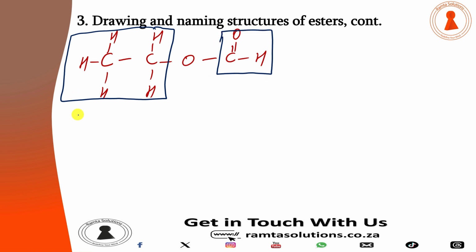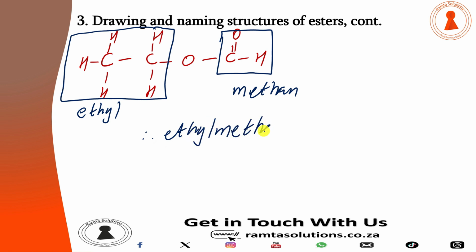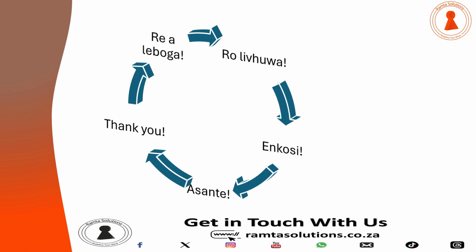This was your 2 carbons, so it was ethanol, so we will call it ethyl, and this is 1 carbon, and we will call it methanoate. Therefore the name is ethylmethanoate. So this is how you name your esters.